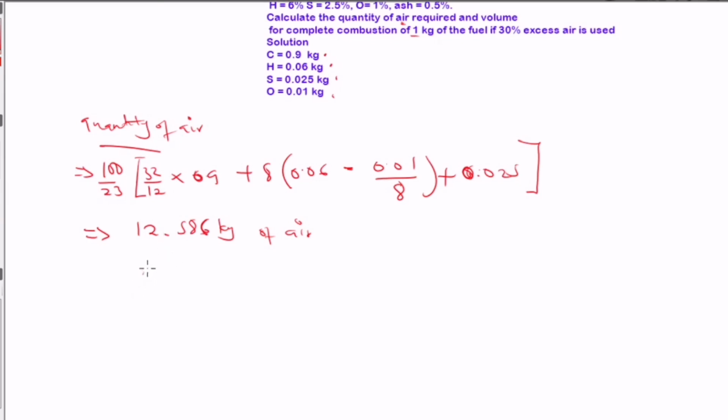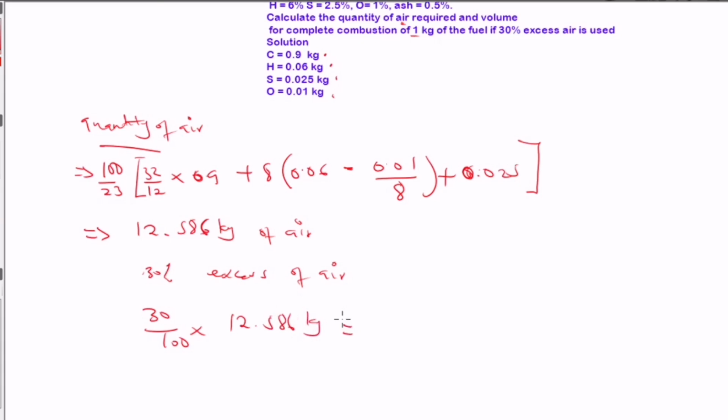So 30% excess of air means we're going to have 30 over 100 times 12.586 kilogram. When you do that correctly, let's take our calculator.